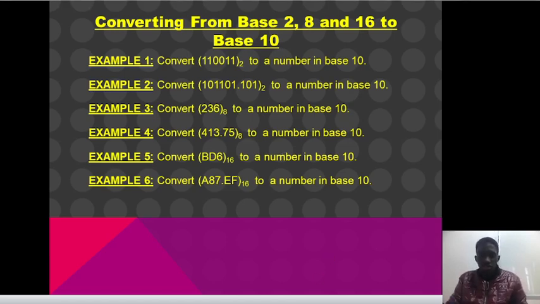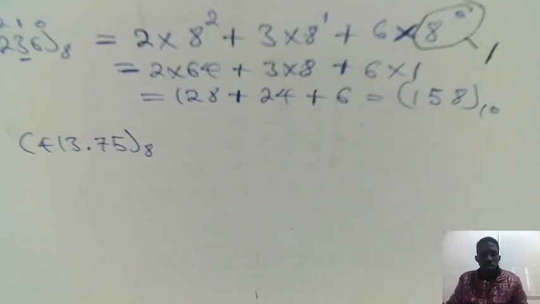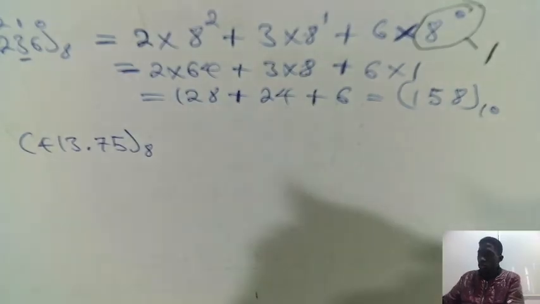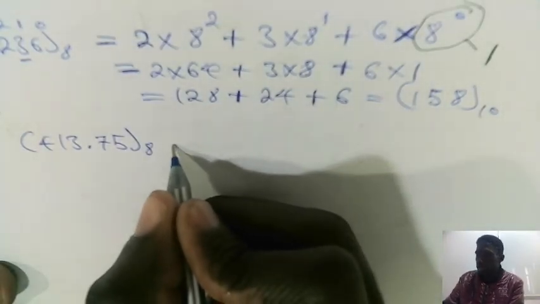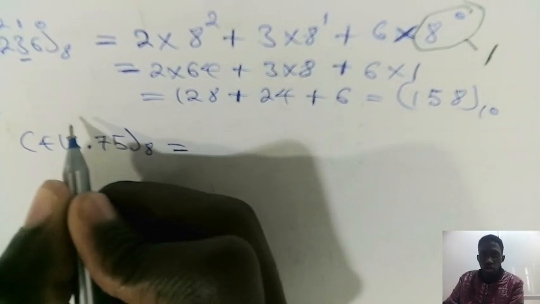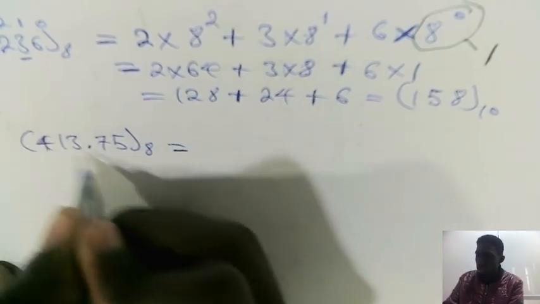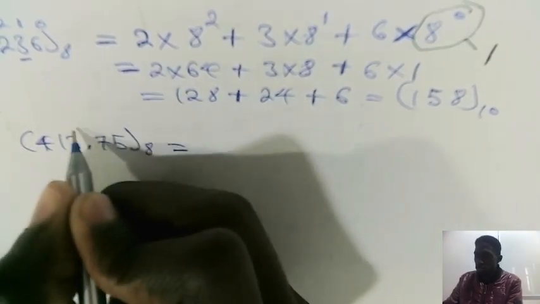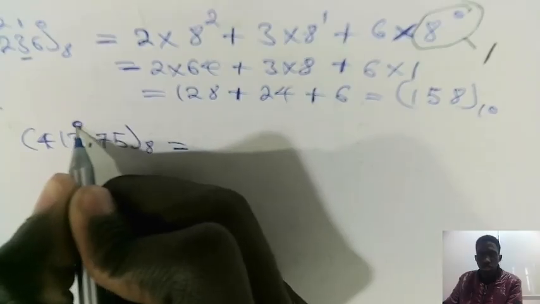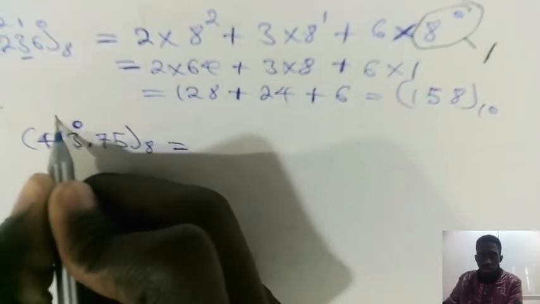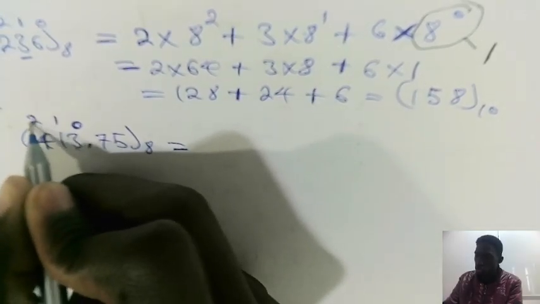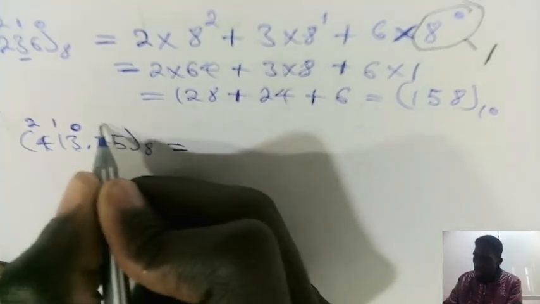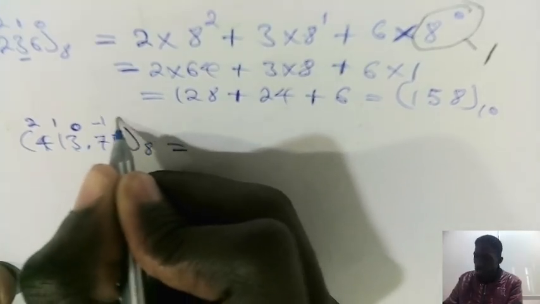That's the difference between what we're doing. Converting this is very easy. As usual, we start numbering from the number before the decimal point. So the 3 here takes on 0, the 1 takes 1, the 4 takes 2, the 7 takes minus 1, the 5 takes minus 2.